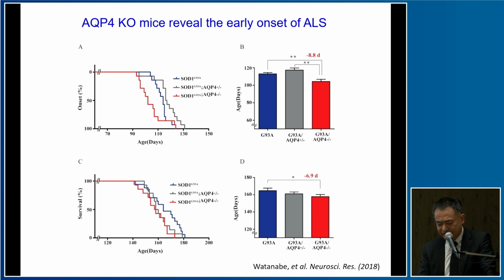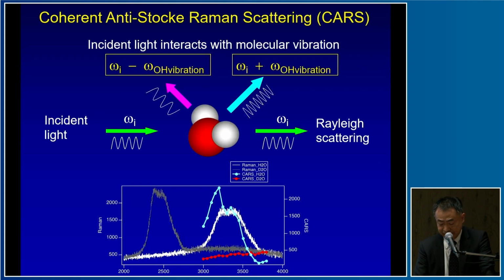Total survival is not so significantly different, but there is some statistical difference. So again, aquaporin 4 may play some role in the pathology of ALS. We are now working on the molecular mechanism of this by collaborating with Professor Misawa, the faculty of pharmacy at Keio University, School of Medicine.